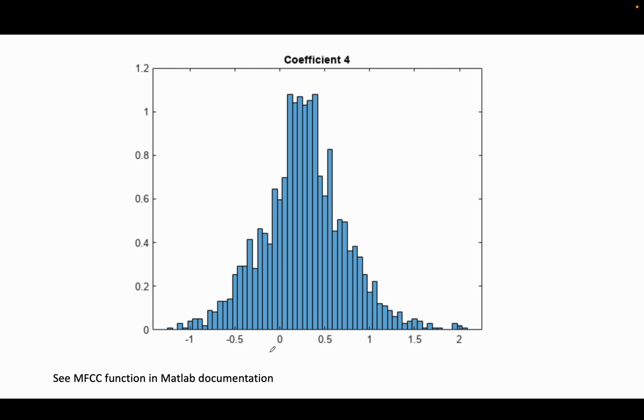When you take coefficient 4, you can see that for this particular sample of speech, the middle of the distribution kind of ranges from 0.2 to 0.4-ish. It looks sort of Gaussian. You've got a little bit of spread on the tails, but that's a histogram using some summary statistics on the cepstral coefficients.